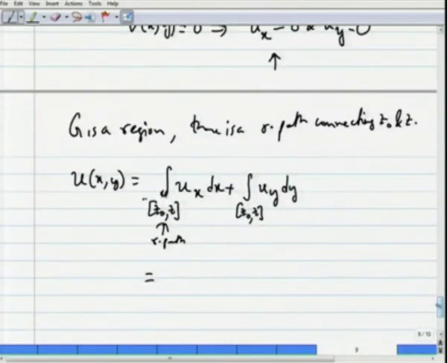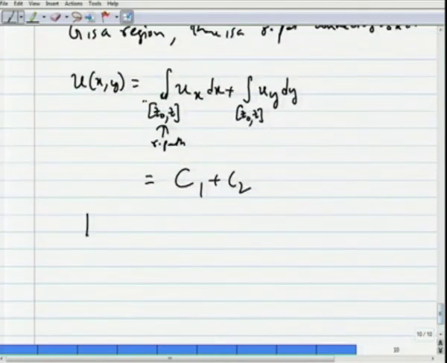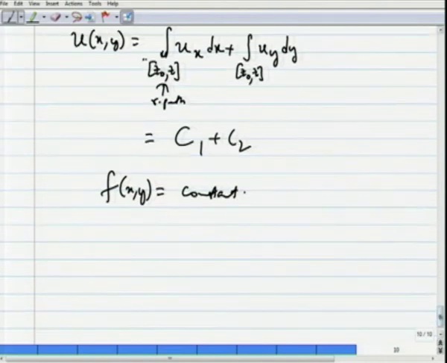So, this gives you the constants of integration, that is all. Two constants of integration. So, u of x y is constant. That already shows that f is a constant, a real constant. So, that is a solution to this problem.